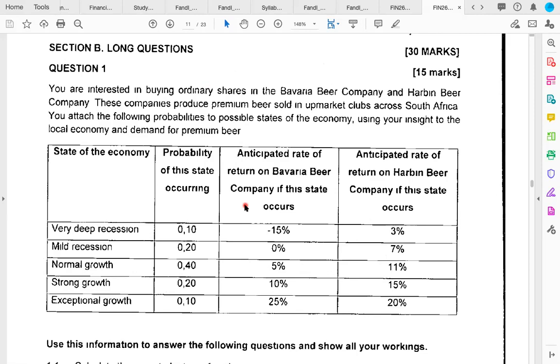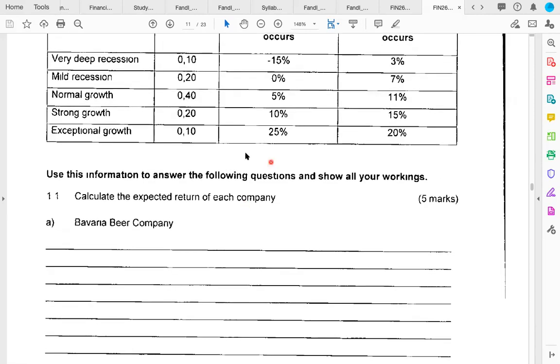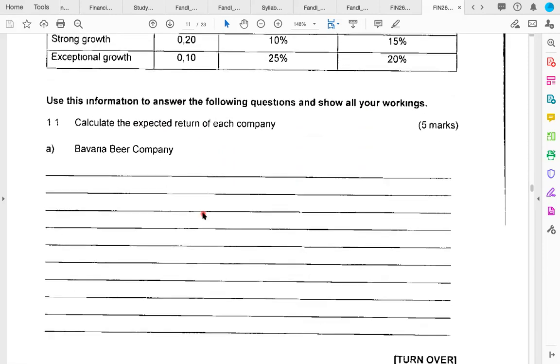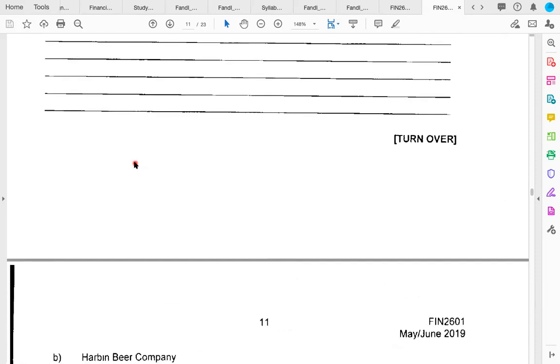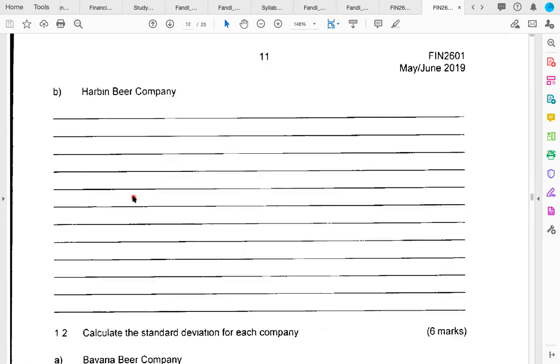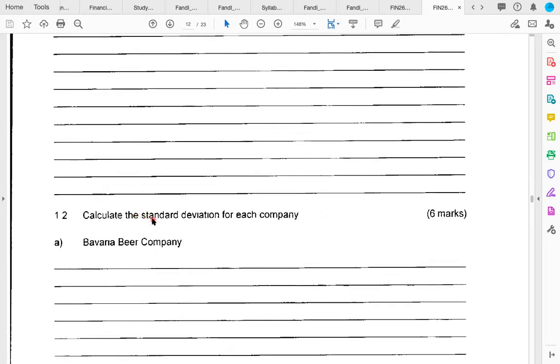Then we are asked to perform a number of questions, and to show our calculations. Firstly, calculate the expected return for each company, Bavaria Beer Company and Harbin Beer Company. Then calculate the standard deviation for each company.